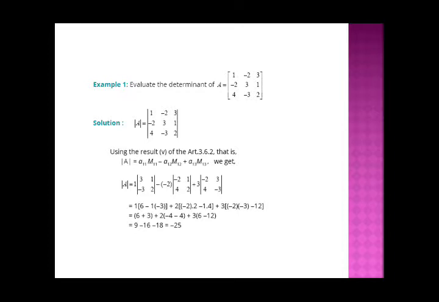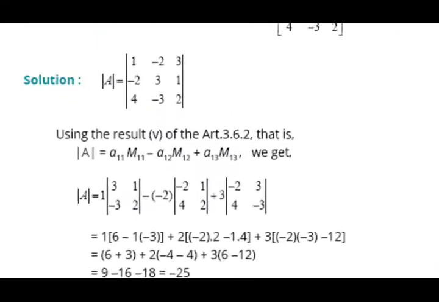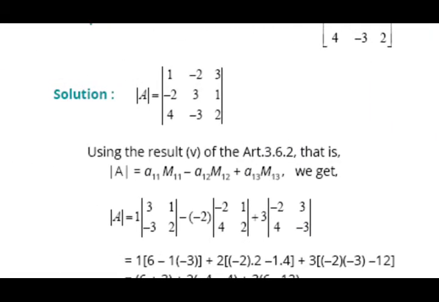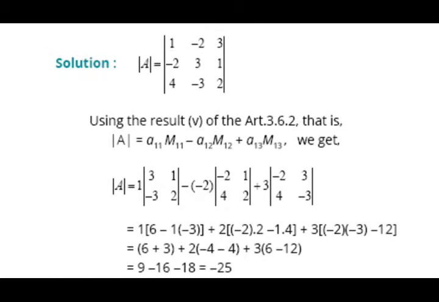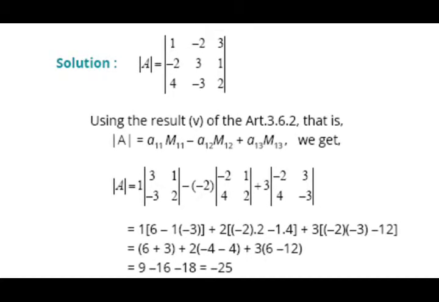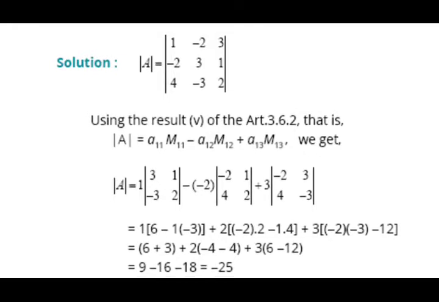Here we have an example for the determinant. Now we write the determinant formula: a11 times minor M11, minus a12 times minor M12, plus a13 times minor M13.